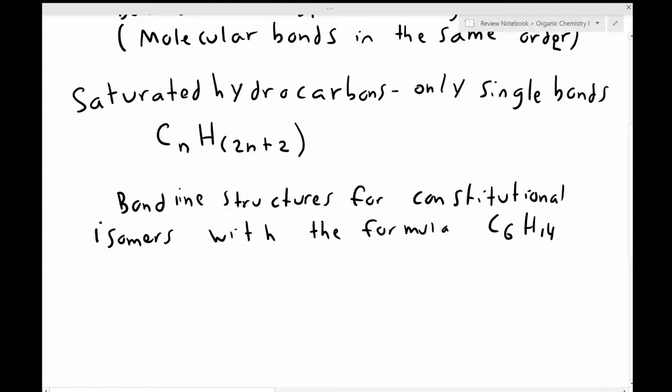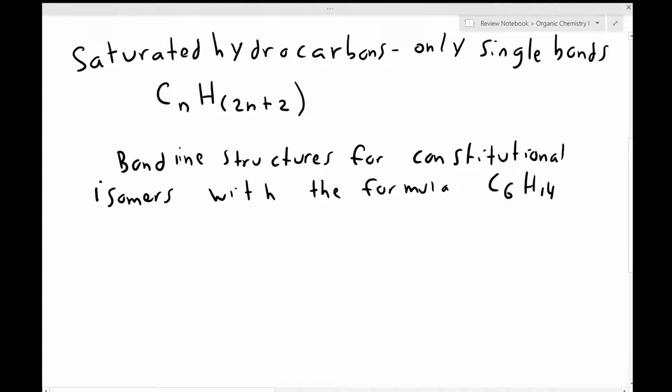So we see that's saturated because if n is 6, so there's 6 carbons, then the amount of hydrogen for it to be saturated would be 6 times 2 is 12 plus 2 is 14. So if we had one chain, that would be 6 carbons. 1, 2, 3, 4, 5, 6. That's hexane.